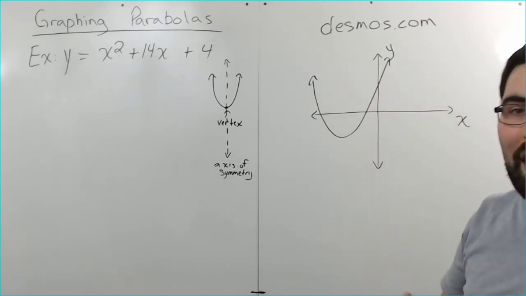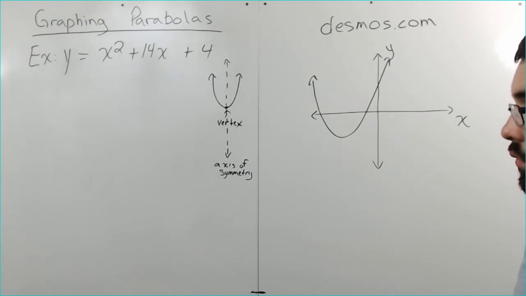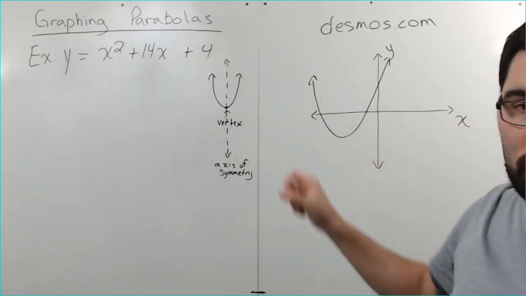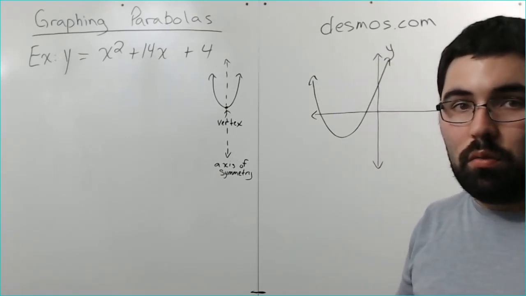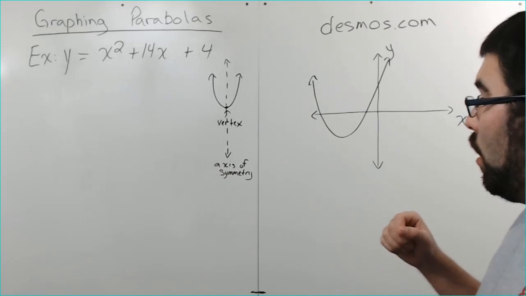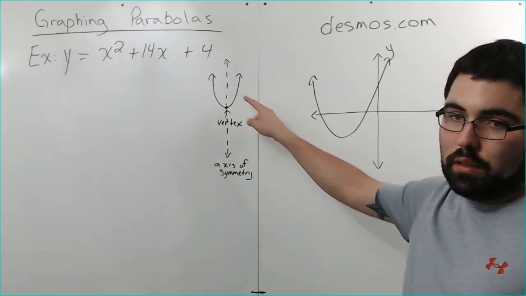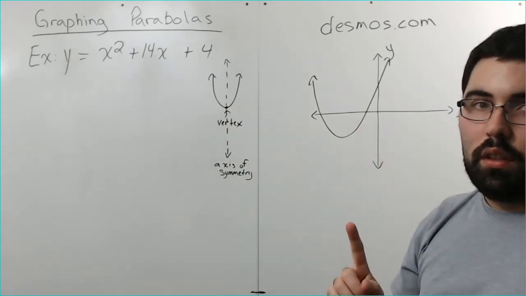So the strategy that you have to use whenever you're graphing parabolas by hand: one, you can rewrite this and put it in vertex form, which we'll talk about in another video, and your teacher will probably show you how to do. Or you can find this vertex to begin with and let that be the first point that you do.